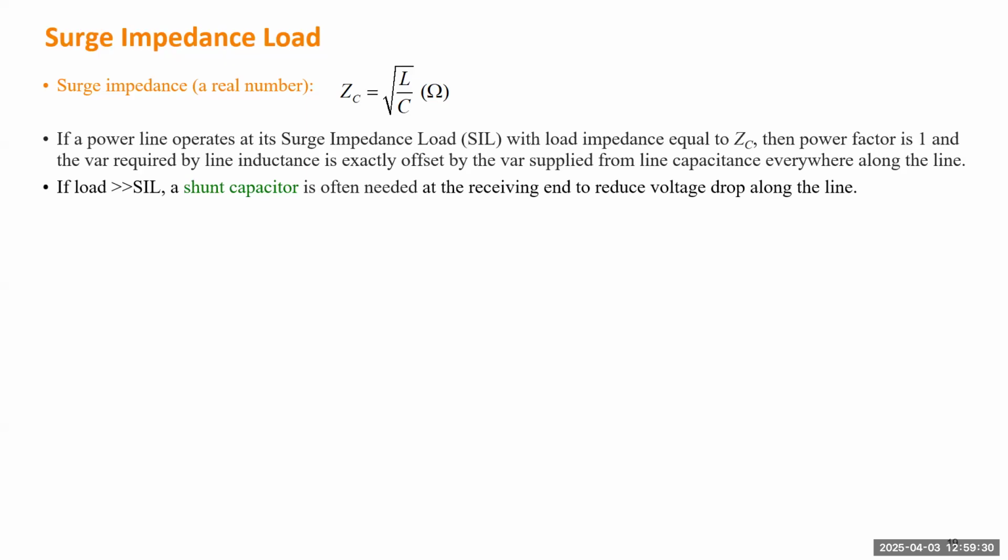Which means if your load is much higher than this value, you need a shunt capacitor. If it's much lower, you need a shunt reactor. Sometimes that depends on the voltage level and also the length of the line.